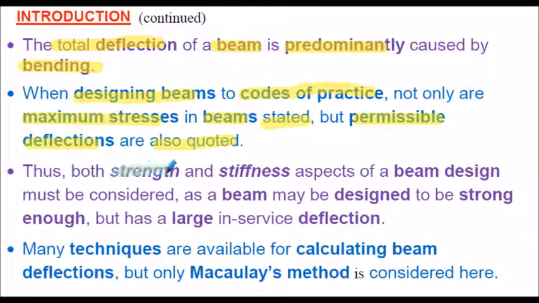So both strength and stiffness aspects of beam design must be considered, as a beam could be designed to be strong enough for a particular application, but may have large in-service deflections that may be unacceptable in actual practice.